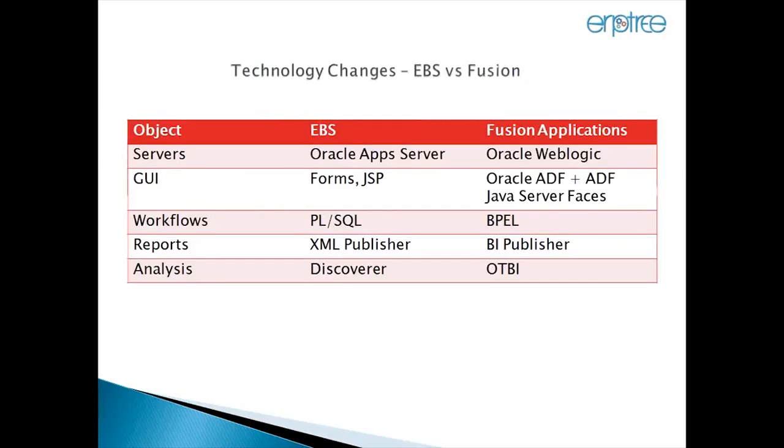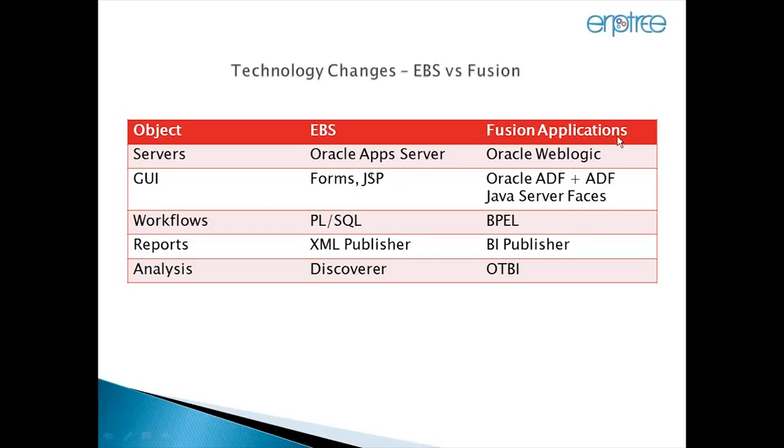And when you look at a few terminologies by comparing with EBS, say GUI, graphical user interface. In EBS, we have forms. 90% we have in the form of forms, and the rest, say in EBS, bank account creation, supplier creation, customer creation, we have web pages, which we call JSP, Java Server Pages.